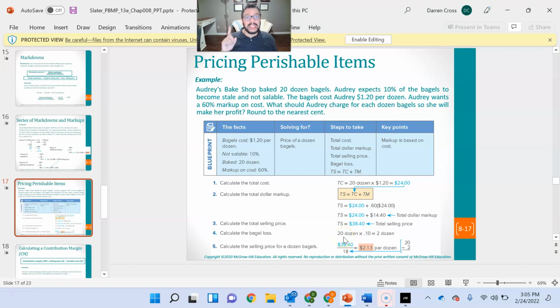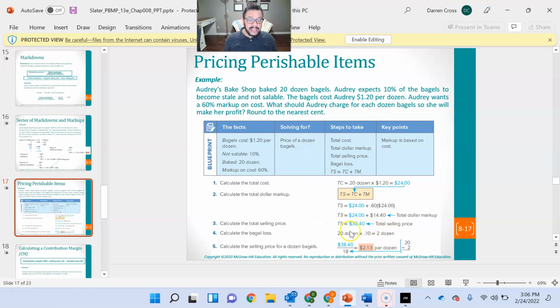But the problem is we don't have 20 dozen because 10% of them are going to be stale and unsaleable. So we have to take that out. If we take that 10% out, we're only left with 18 dozen. So that's what we divide by. $38.40 divided by 18 is $2.13 per dozen. So we can sell these bagels for $2.13 per dozen.